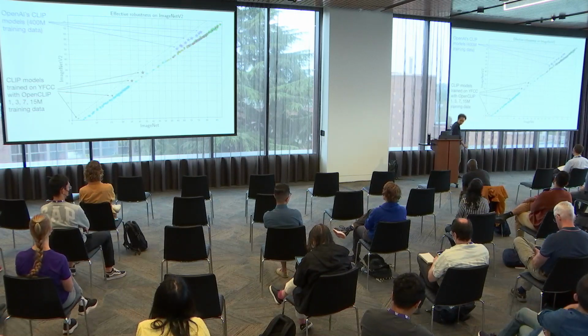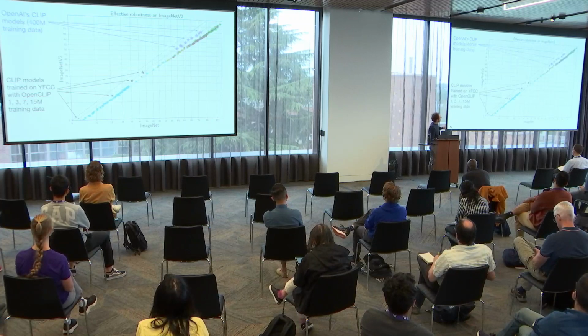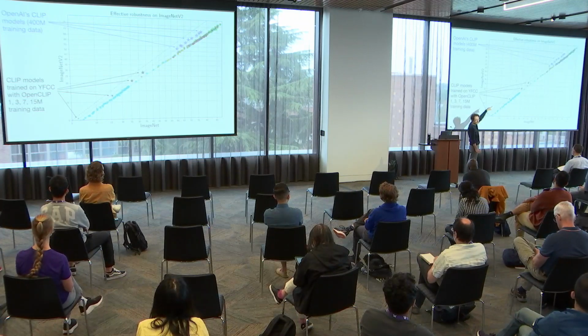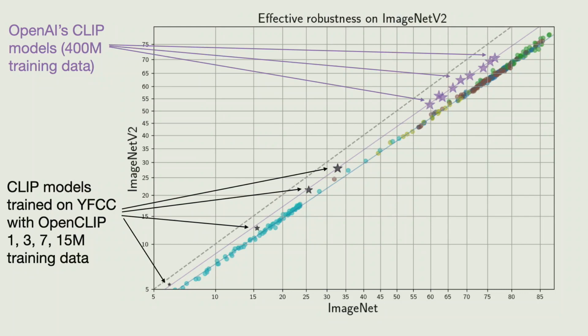Then we also reproduced CLIP training, and we trained CLIP models only on YFCC. In the top right, the purple stars are the OpenAI-trained CLIP models. If you extend this purple trend all the way down to the low accuracy models, these YFCC-trained CLIP models with 1, 3, 7, or 15 million data points are exactly on the same linear trend. So this is, I think, a valid claim that YFCC is a good approximation of their training set.